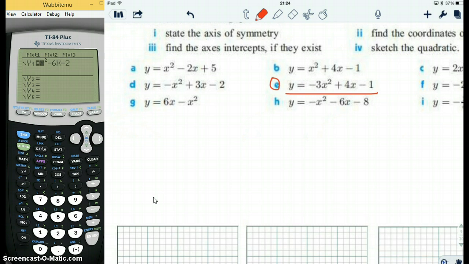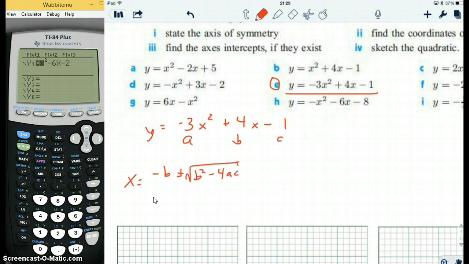We're going to take the equation here, identify what's A, what's B, and what's C, and then put it in the quadratic formula. Remember, the quadratic formula is negative b plus or minus the square root of b squared minus 4ac, all over 2a.